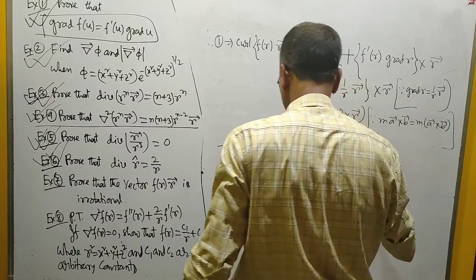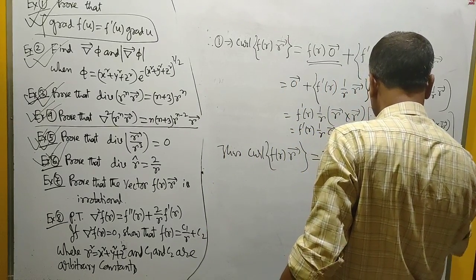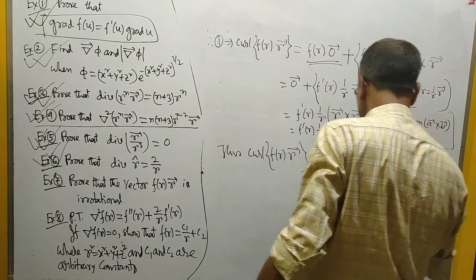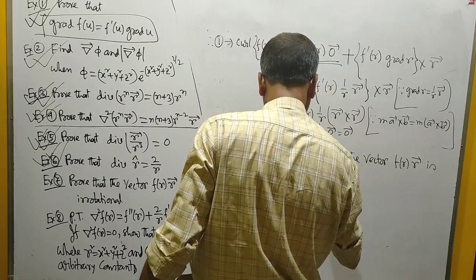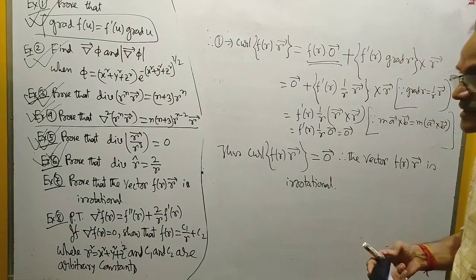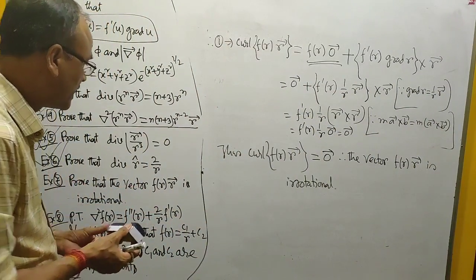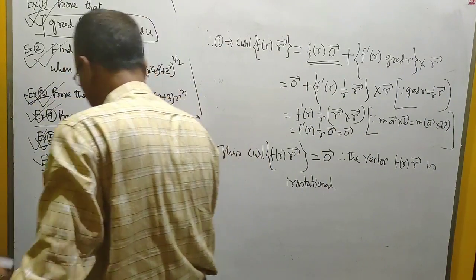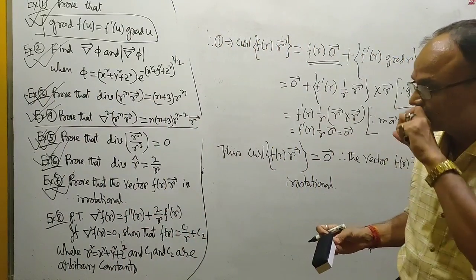Therefore, the vector f of r vector is irrotational. We have proved number 7 also. Number 7 has also been proved.